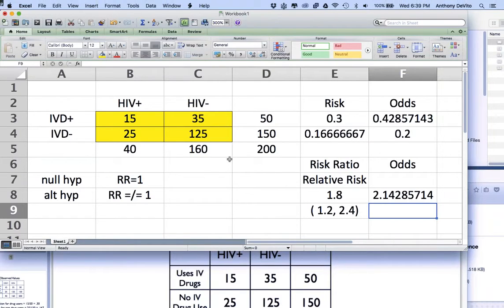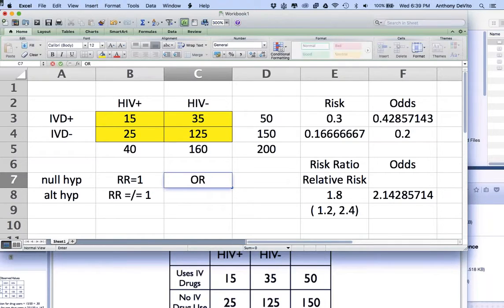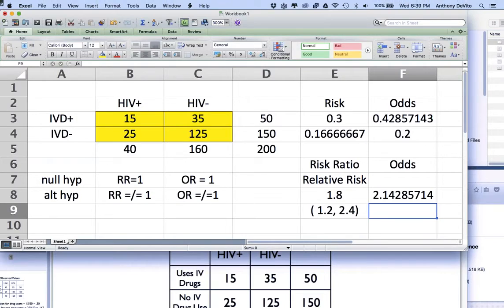The real key here though is, if there is no association, what's our expectation that the odds ratio is equal to? The odds for non-drug users should be the same as the odds for drug users. Again, our null hypothesis is odds ratio equals 1, and the alternative hypothesis is odds ratio does not equal 1. And it does not equal 1. So we're in the same boat.